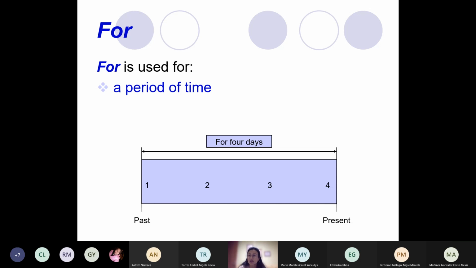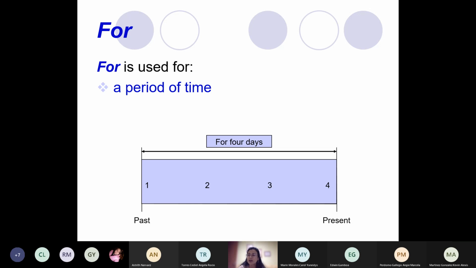Cuando estamos mencionando una cantidad de tiempo, ¿ok? For example, for 4 days, for 3 days, for 1 year. Remember that you use for. Very good.